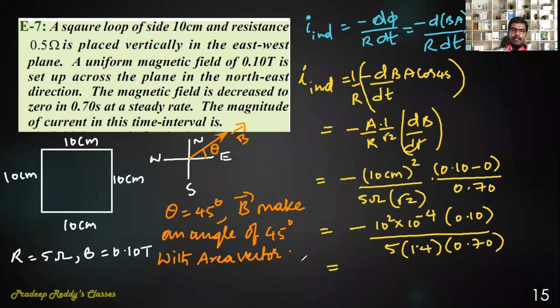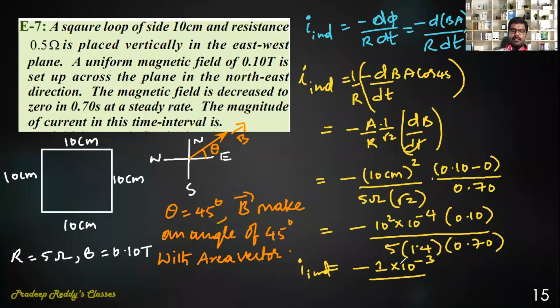This you need to calculate so that you will get the induced current. If you evaluate this total, the induced current can be written as 10 power 2 and 10 power minus 4 become 10 power minus 2. 10 power minus 2 into 1.0, numerator I am writing as minus 1 into 10 power minus 3 divided by 70.